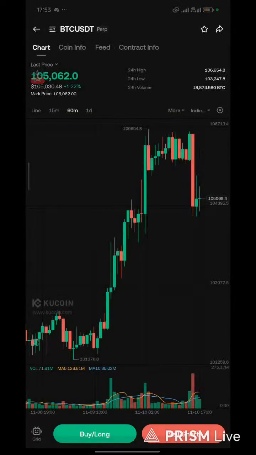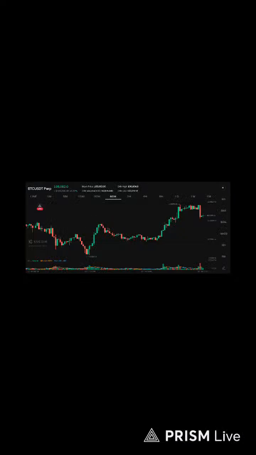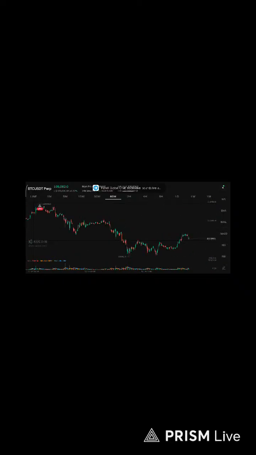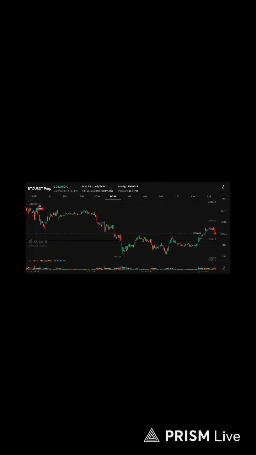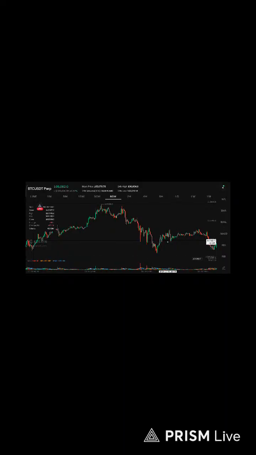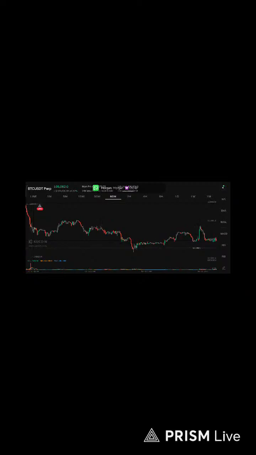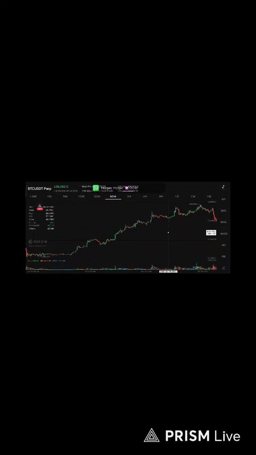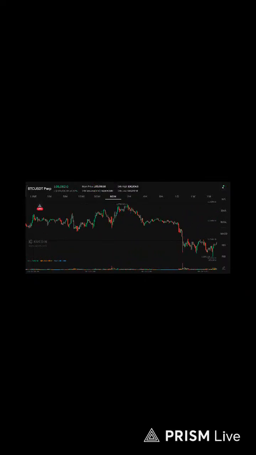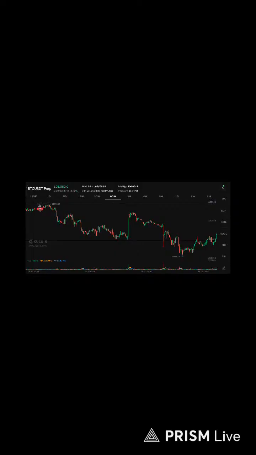Remember I said it consists of a three-candlestick pattern at the top of the uptrend. Here's an example of it.